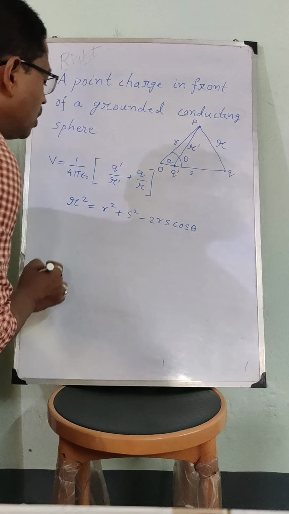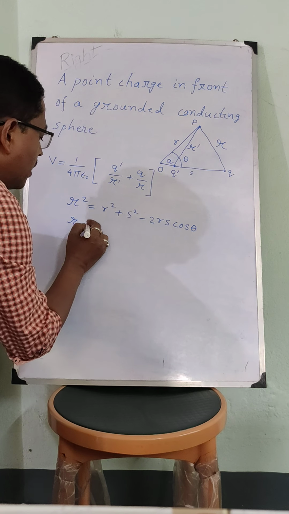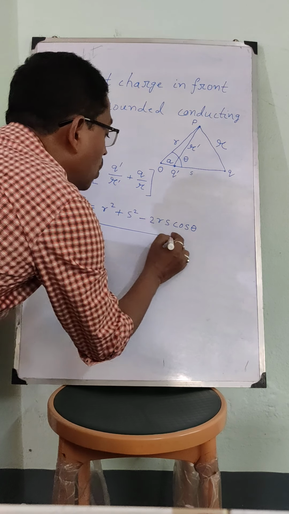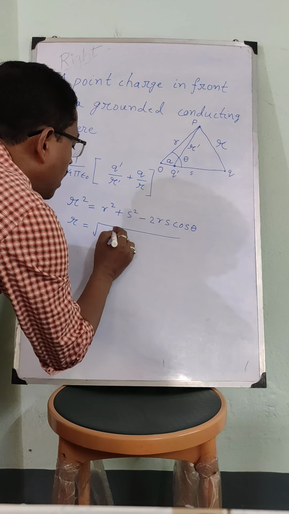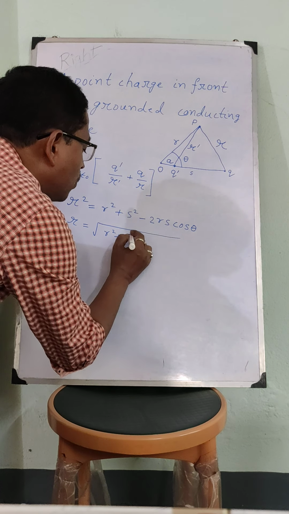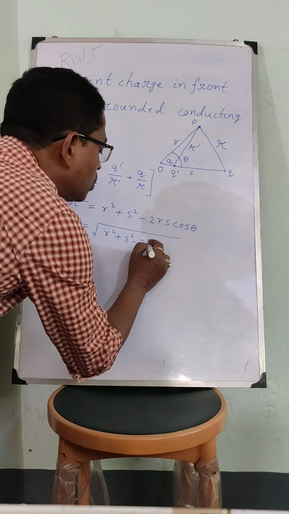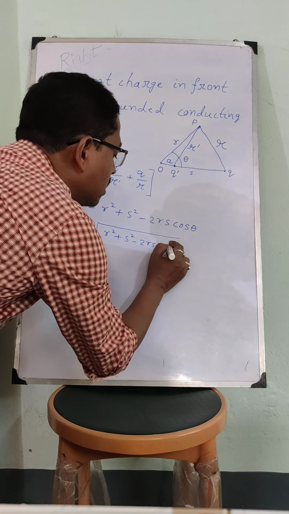Therefore, r is equal to root over r square plus s square minus 2rs cos theta.